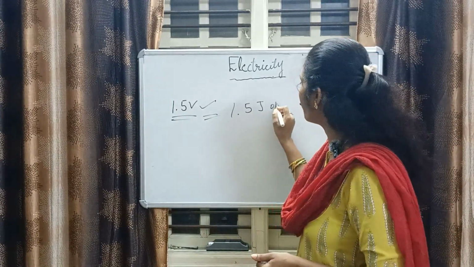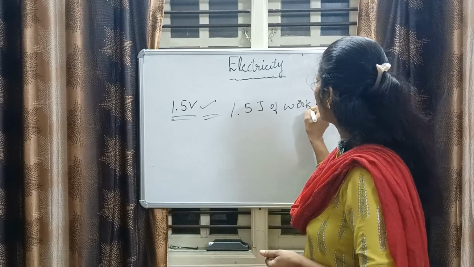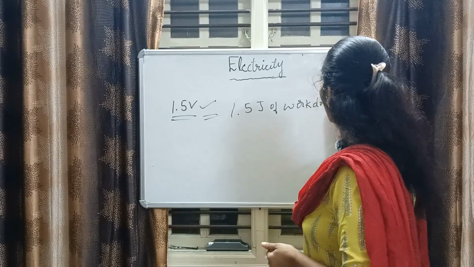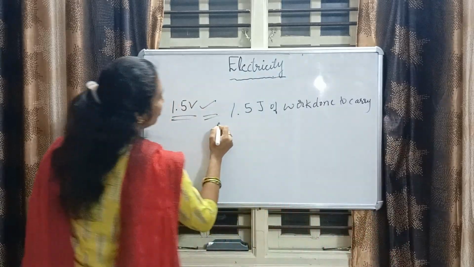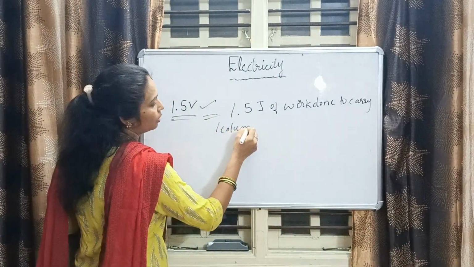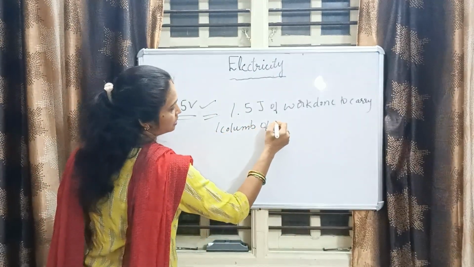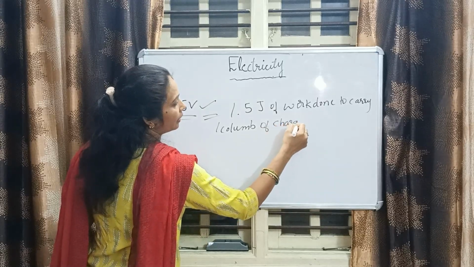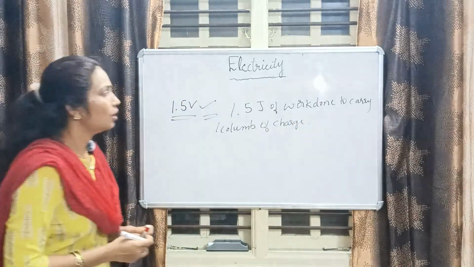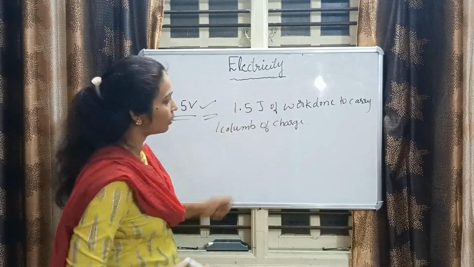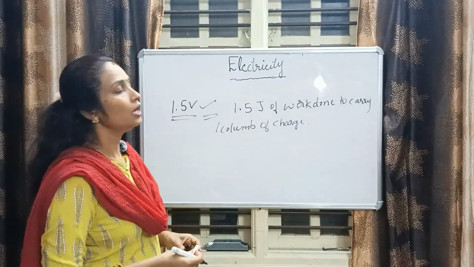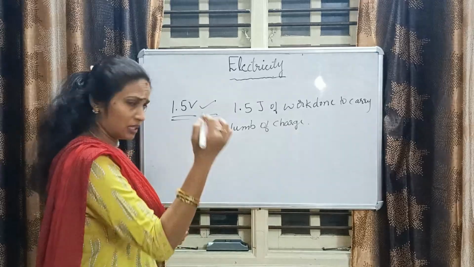1.5 joule of work done to carry what, guys? To carry 1 coulomb of charge. Okay, to carry 1 coulomb of charge. 1.5 joule of work is going to be done to carry 1 coulomb of charge.